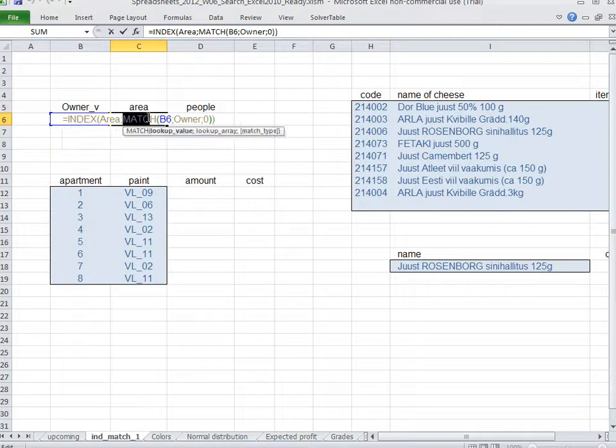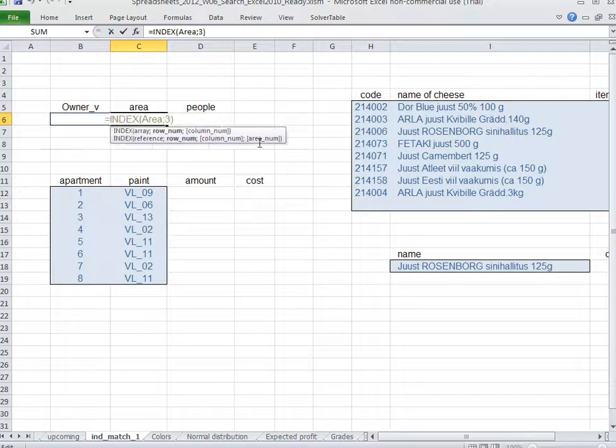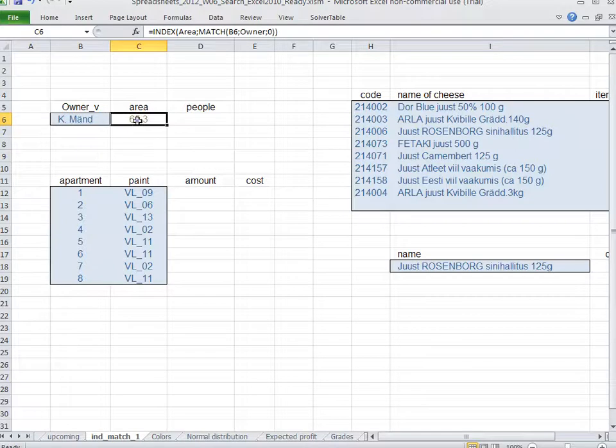It's gonna be found in the 3rd row, so this match is going to be replaced with number 3. Now we use index, and this formula is already rather simple. It takes from the area block the 3rd area out. And the result is 65,3.